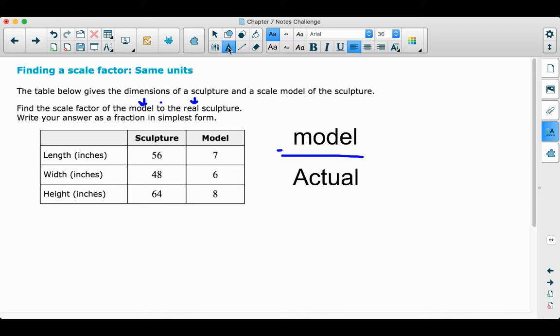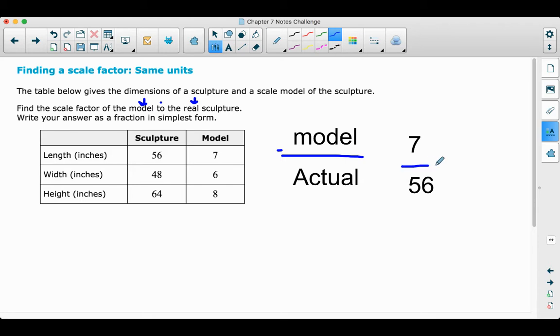I am going to take the model. Let's say my first line says 7. So 7 over 56. 7 over 56 can be simplified to 1/8.